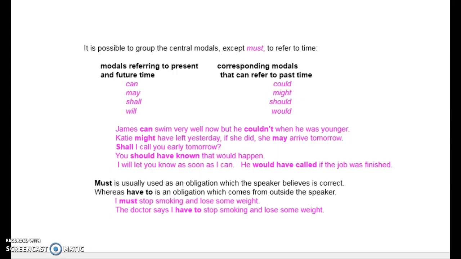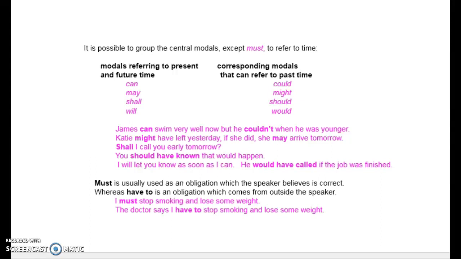Must is usually used as an obligation which the speaker believes is correct. These obligations come from inside the speaker and not outside. If I say, I must stop smoking and lose weight, or I must do more exercise, it is something that I know I have to do.